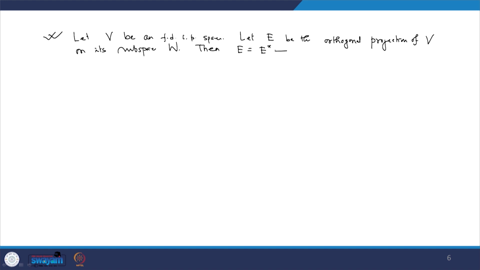I mean, the corresponding adjoint operator of E is basically E. Let us see how it is.